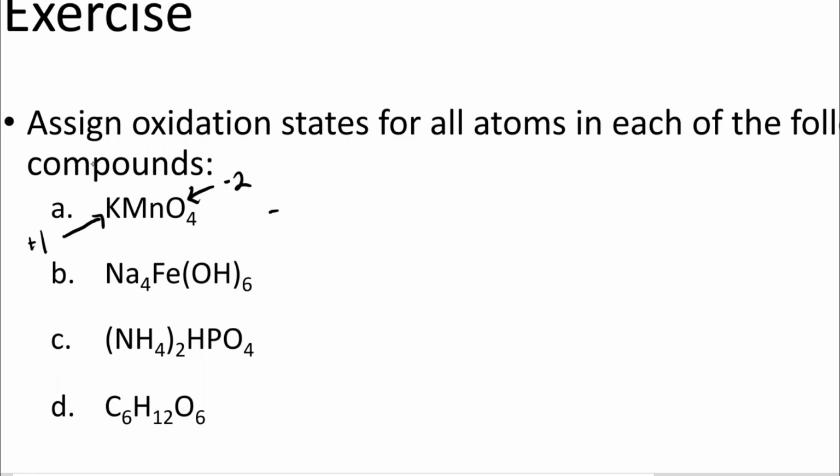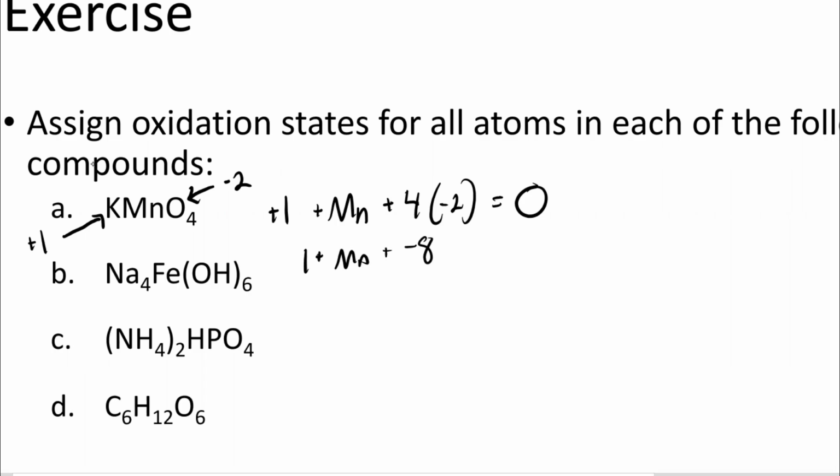You have potassium is +1 plus manganese plus 4 times -2 equals 0, since there's no net charge on this. So you have -8 plus manganese plus 1, and you figure out manganese has to be +7.